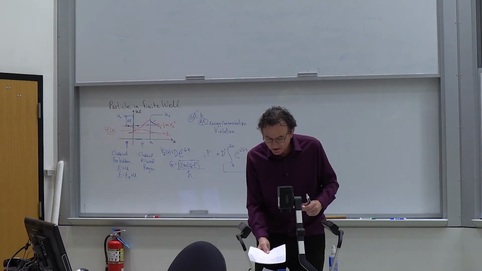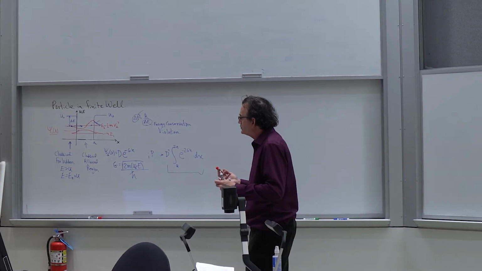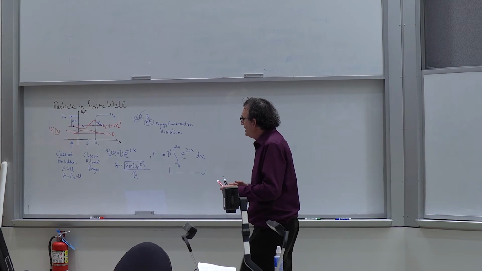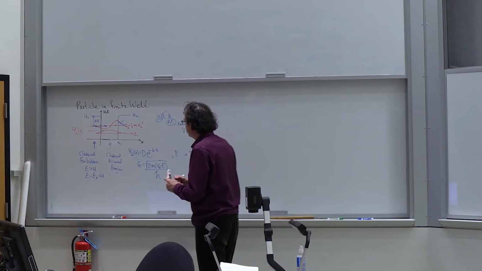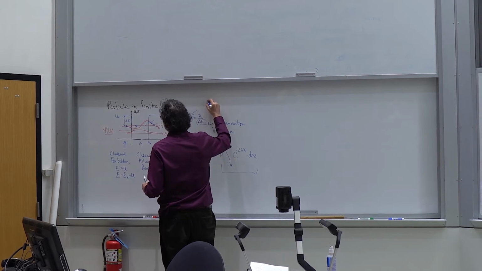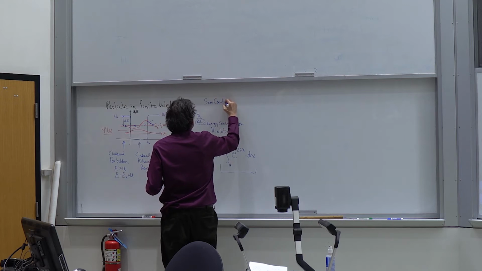Now there are a couple of areas where this potential well problem is important. It's going to be important for some of your applications when we come to the chapter on conductors and semiconductors.